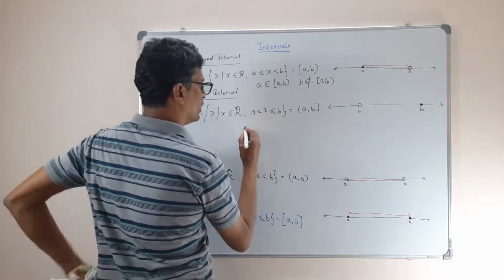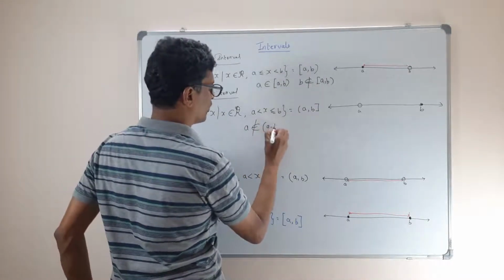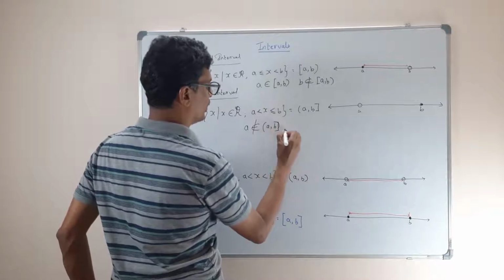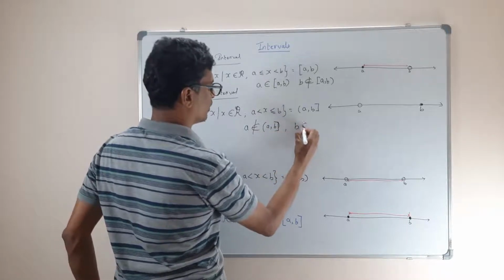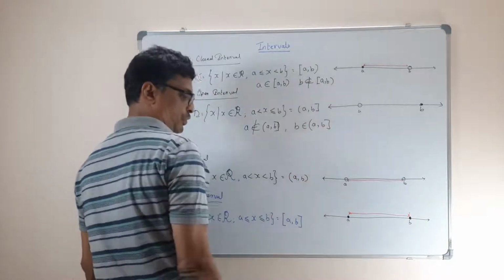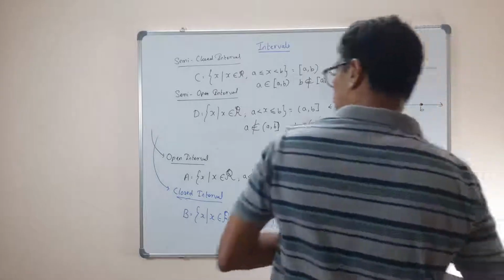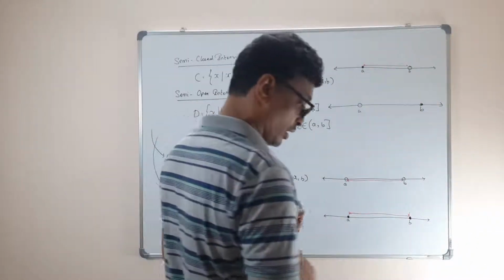Similarly here, A is not an element of (A, B], and B is an element of (A, B]. So that is what the interval types are.